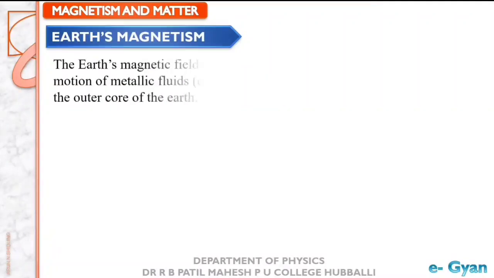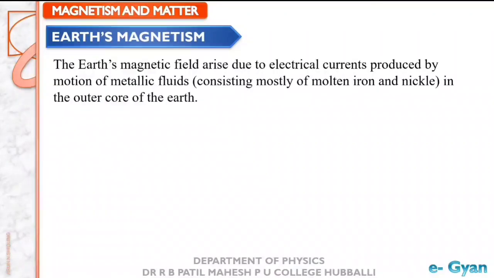Earth's magnetism. The Earth's magnetic field arises due to the electrical current produced by the motion of metallic fluids, that is molten iron and nickel, inside the outer core of Earth. This we call the dynamo effect.